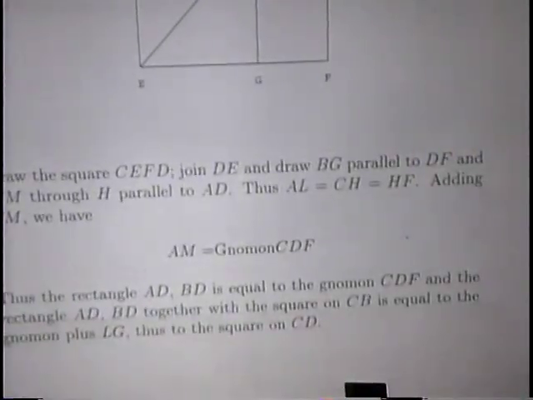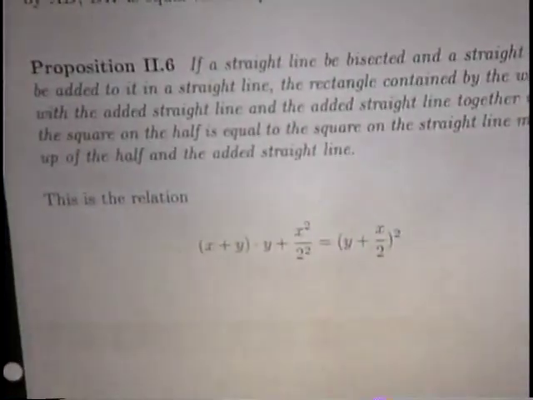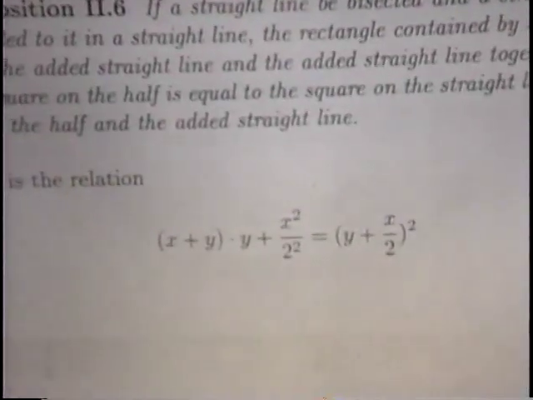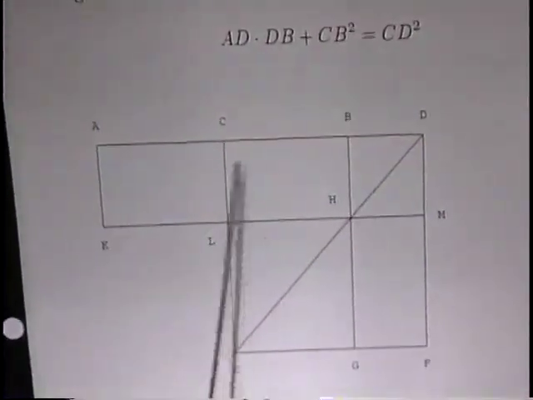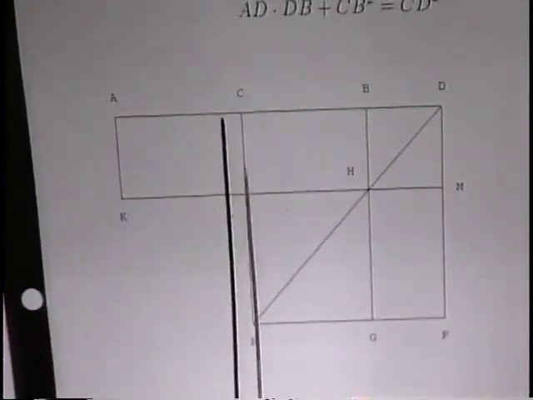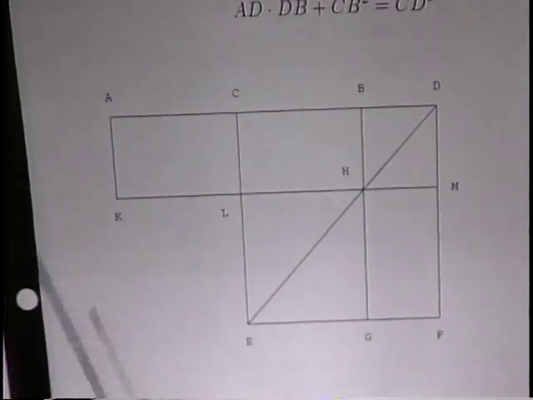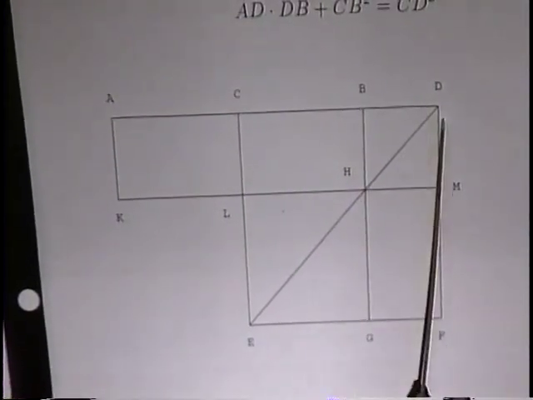You see, let me just interpret this. Here x is AB really. Y is BD. I've taken a straight line, which is the line AB, and I bisected it at C, and I add in a straight line BD to it.